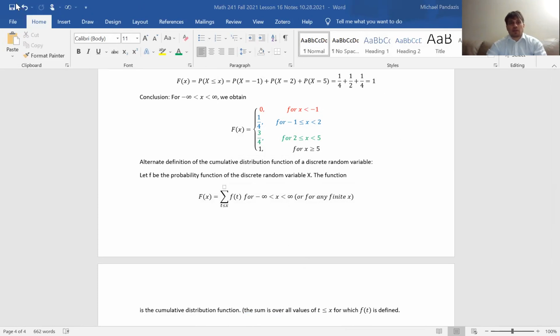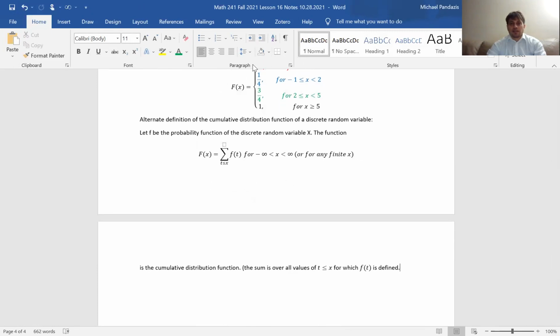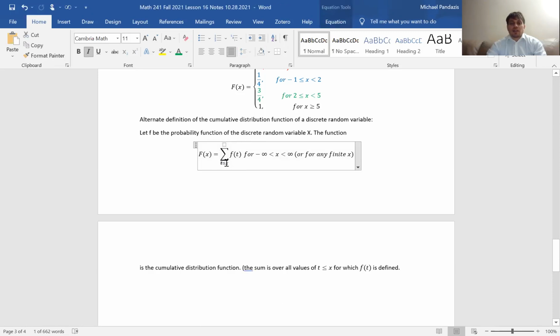So sometimes you are required to know calculus for this course, yes. So this sum here is summing over all values of t that are at most little x, such that f of t is defined. In the next example, we're going to compute this and see what it means.